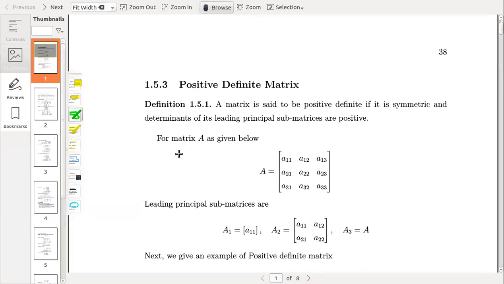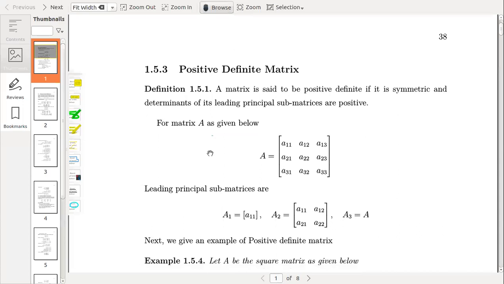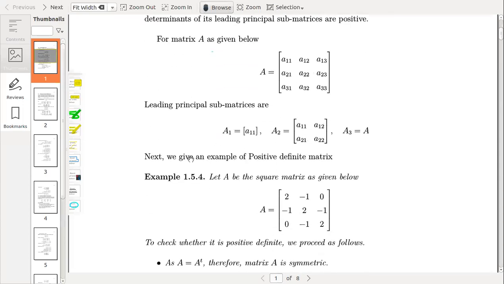So for a given matrix A, the leading principal submatrices can be constructed as follows. A11 is the first part of the matrix A, then A2 is the matrix of order 2 by 2, and A3 is the same matrix as given.